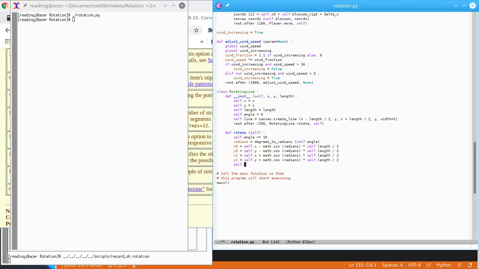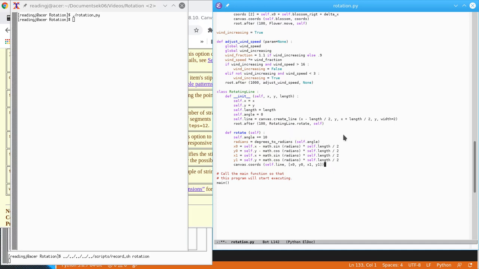So now we say canvas.coords self.line x0, y0, x1, y1. And so that should rotate the line 10 degrees.